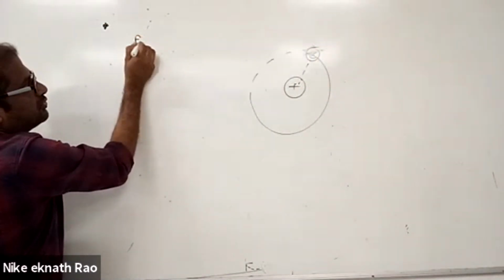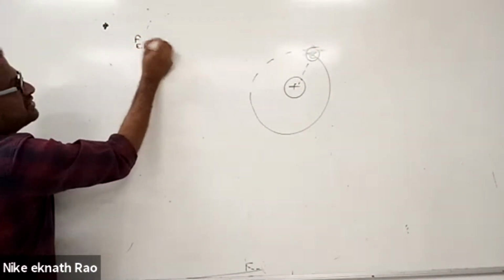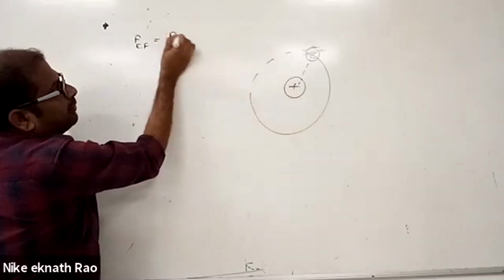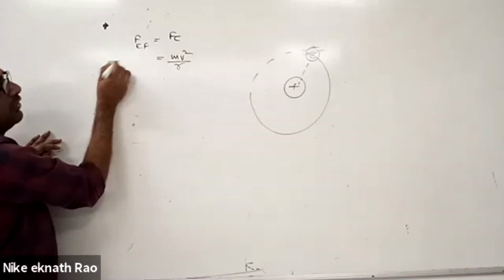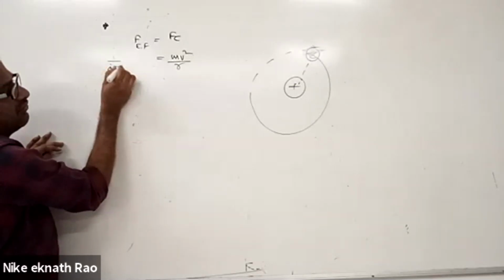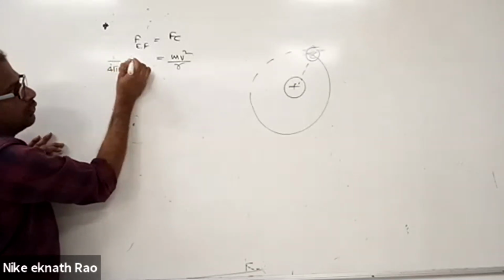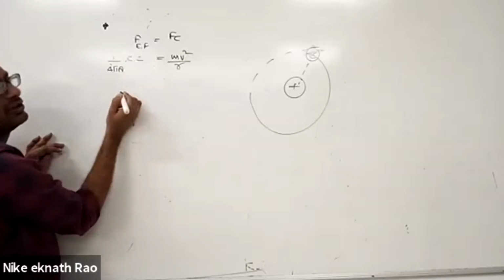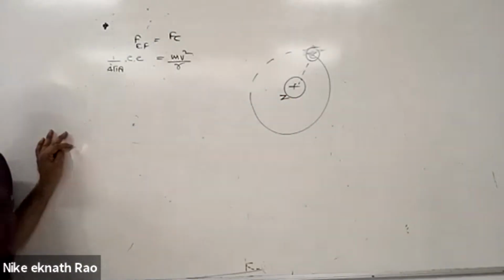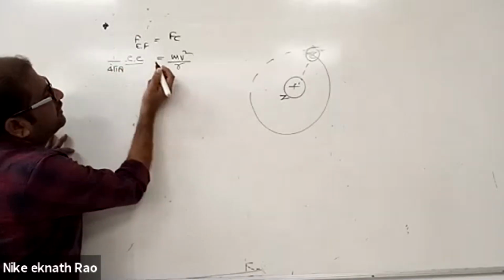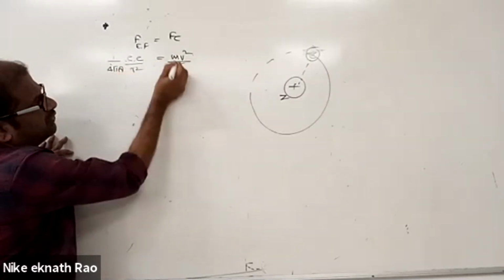The electrostatic force of attraction is providing the necessary centripetal force. So you can write mv square by r is equal to the electrostatic force of attraction, 1 by 4 pi epsilon naught, q1 q2, which is e into e. If you take any other atom, you have to take Z into e. Then e square by r square. So this r gets cancelled.